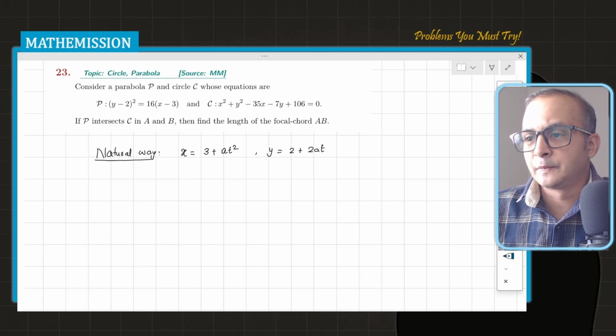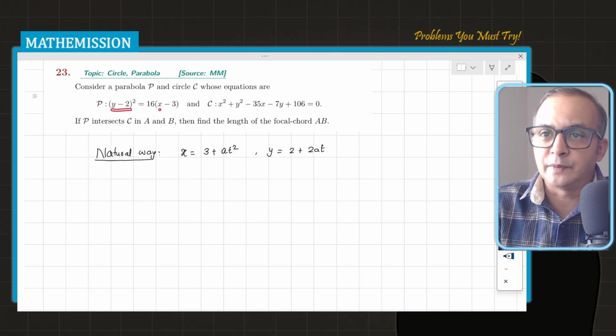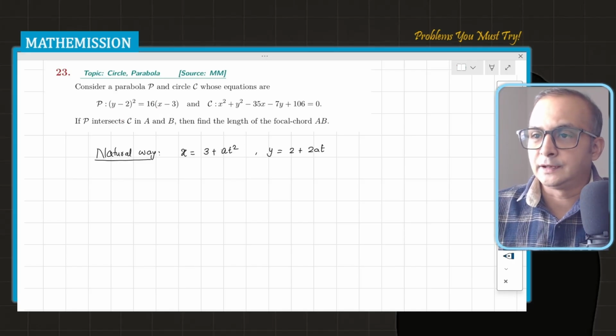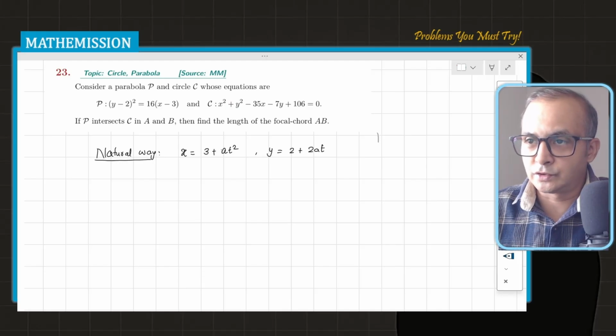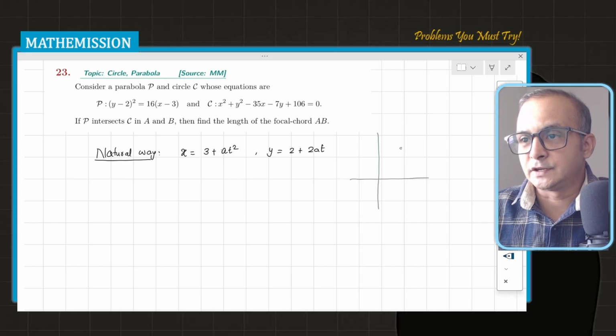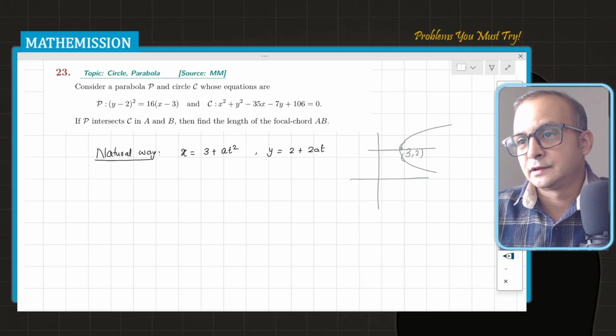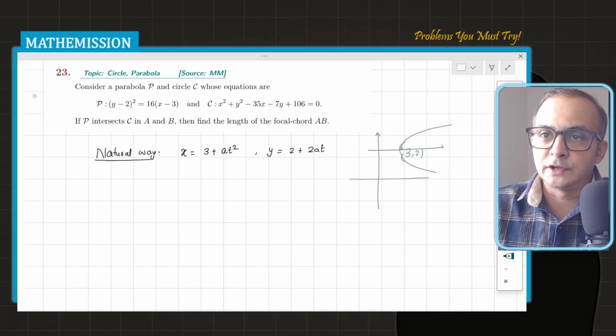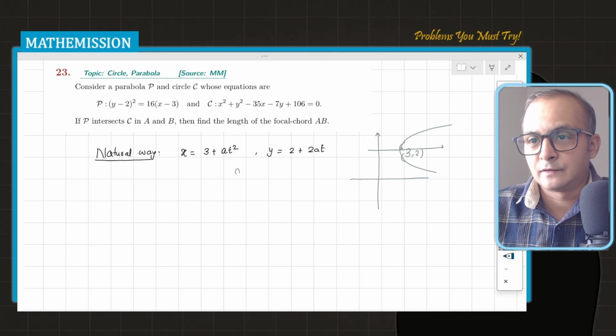Because you notice that this parabola is a shifted parabola. It means the parabola vertex is now at (3, 2). You can visualize this scenario: the parabola is shifted to that vertex, and it opens horizontally rightward, and the a value is 4.